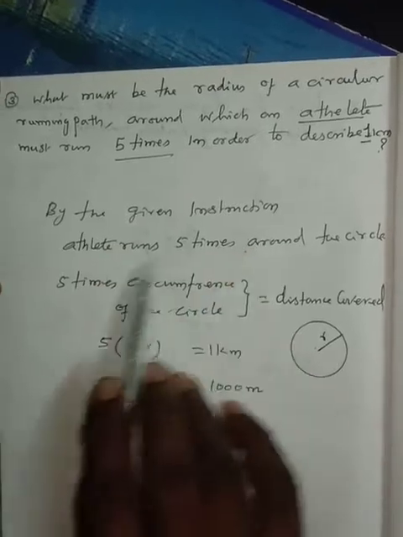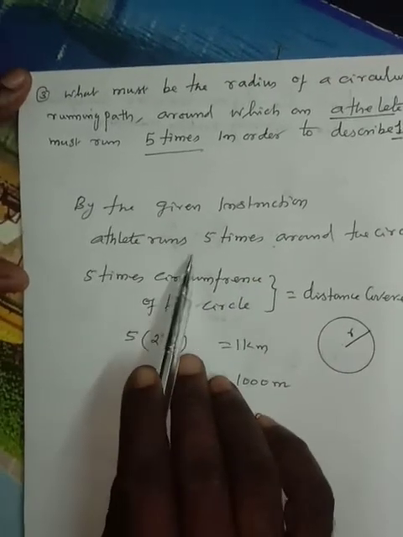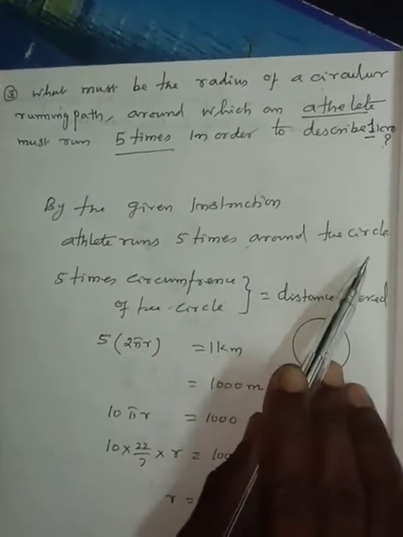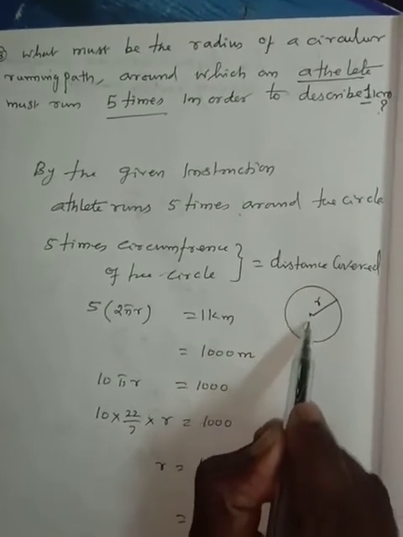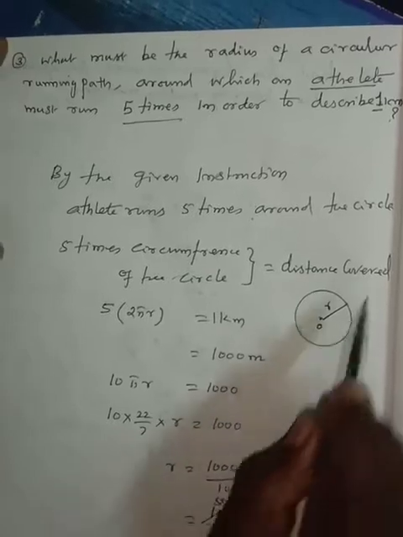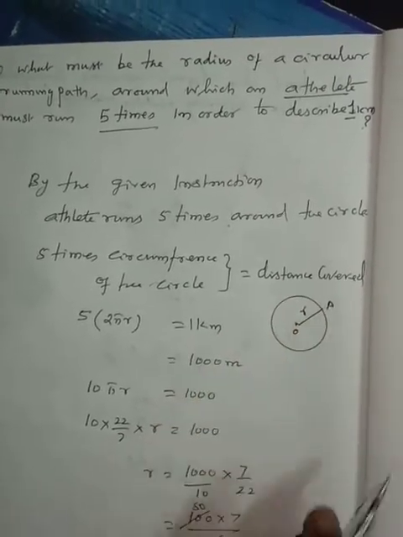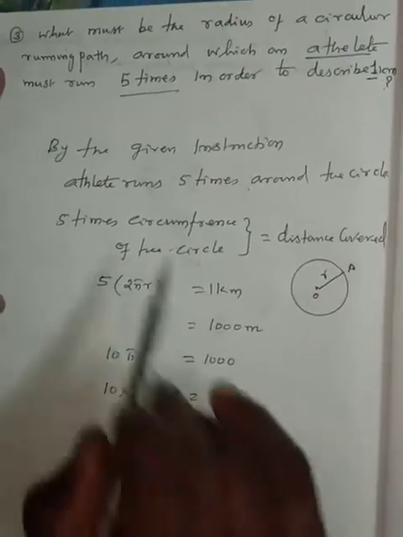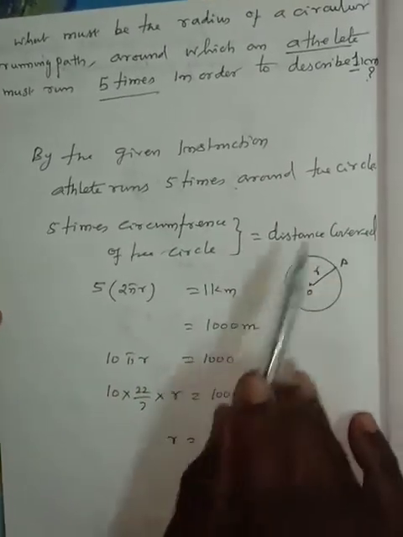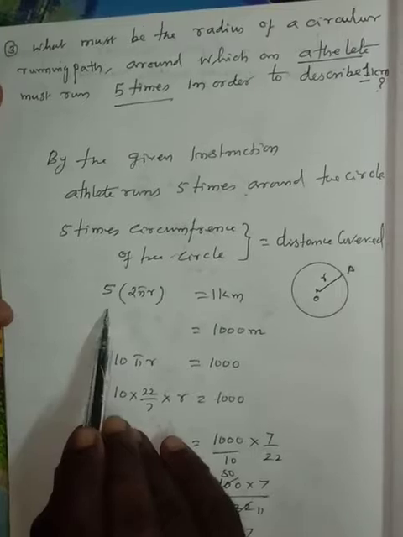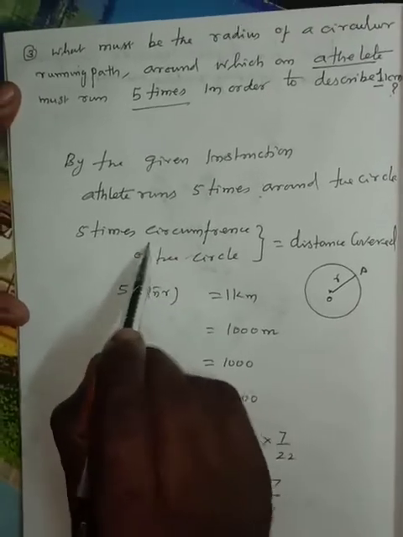By the given instruction, the athlete runs 5 times around the circle. Let the circle have center O. 5 times the circumference of the circle is equal to the distance covered.